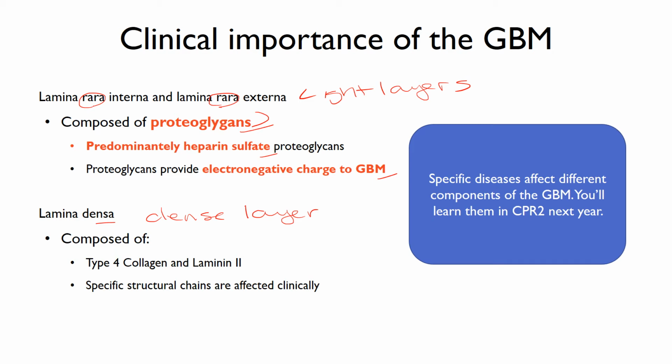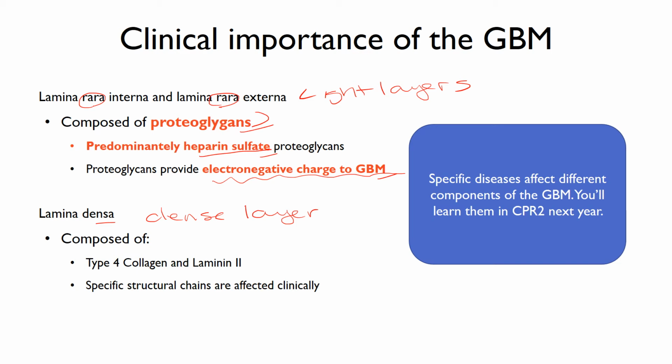These look lighter because they are made up of, I guess you could say, lighter or smaller molecules and proteins, essentially. So of the proteoglycans, so these are protein and sugars together. So it is predominantly made of heparan sulfate, and that heparan sulfate is a very specific chemical structure that imparts an electronegative charge to the glomerular basement membrane.